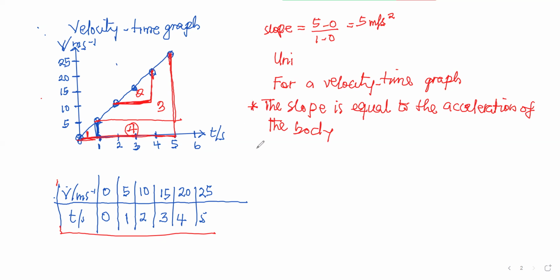Another observation under a velocity time graph is that the area under the graph, if we find the whole area under the straight line, this area, which looks like a triangle, it must also give you the total distance covered by the body.